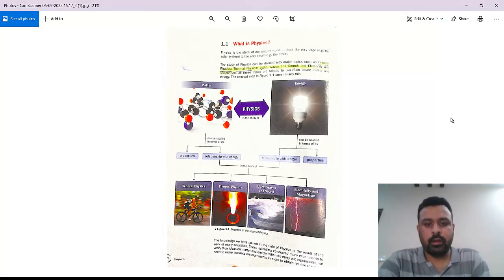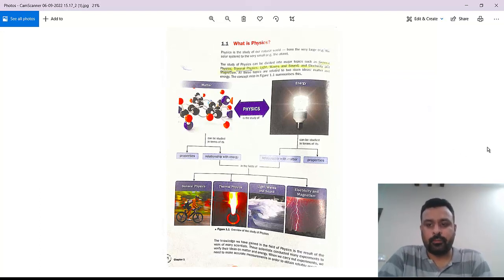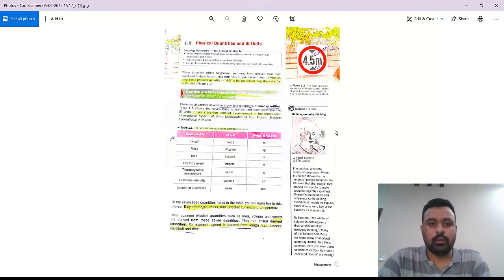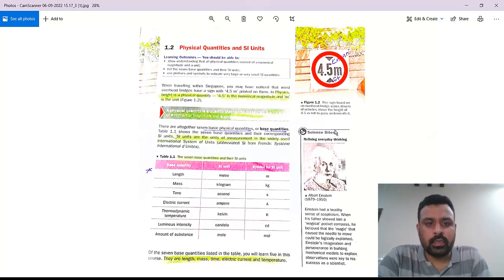So our first topic is related with the units. Physical quantities and units, how they are described. Physical quantities are those quantities which are measurable quantities. There are many branches in which physical quantities are categorized.